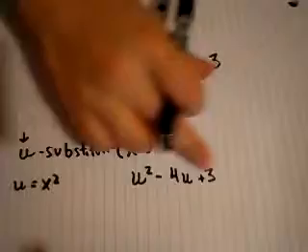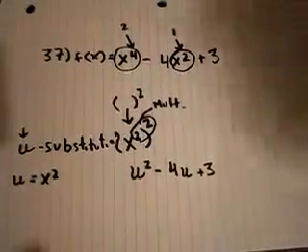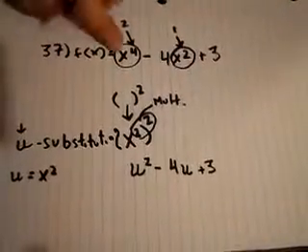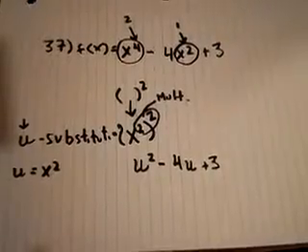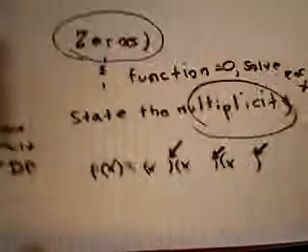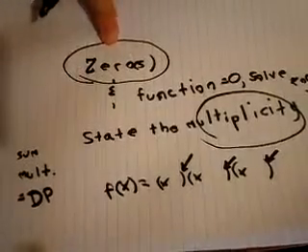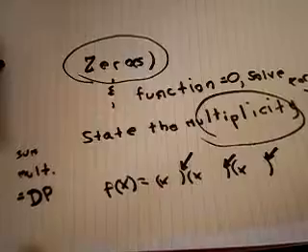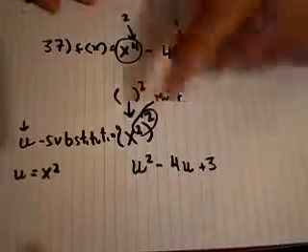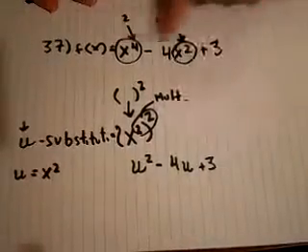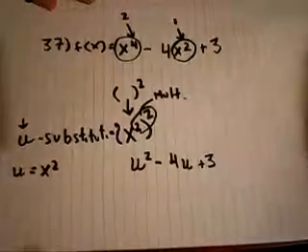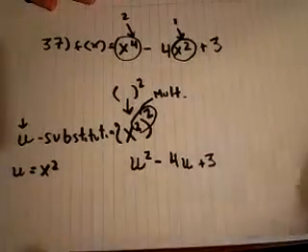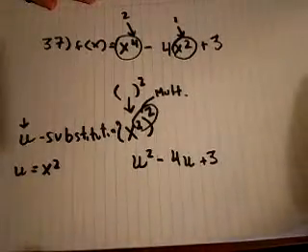Okay, so all of this, what do I do with that? Well, I wanted to take this entire function to find the zeros, take the function, equal it to 0. So I want to take this entire thing and set it equal to 0. u squared minus 4u plus 3.